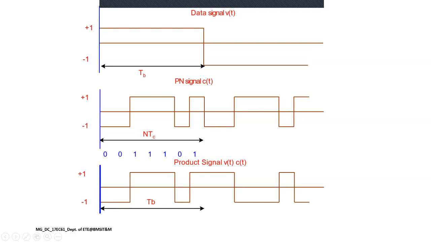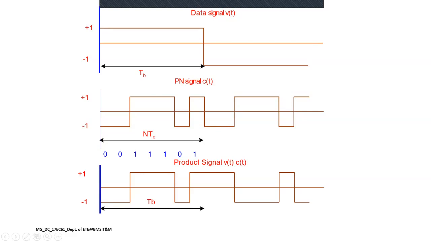This chip interval is much less than the bit duration. I have taken the value of n as 8, means 8 chips. What are those chips? That is 0 0 1 1 1 0 1.